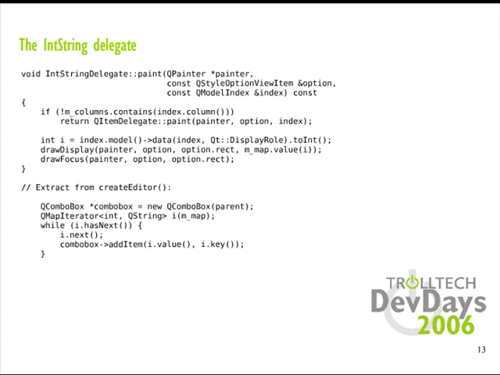But I wanted to show this particular snippet because it shows a nice feature of the new QComboBox in Qt 4 that wasn't in Qt 3. If any of you used QComboBox in Qt 3, you always had this annoyance that you had data items which were often related to IDs, for example, and there was no nice way of storing them both. Whereas in Qt 4, you can store both.